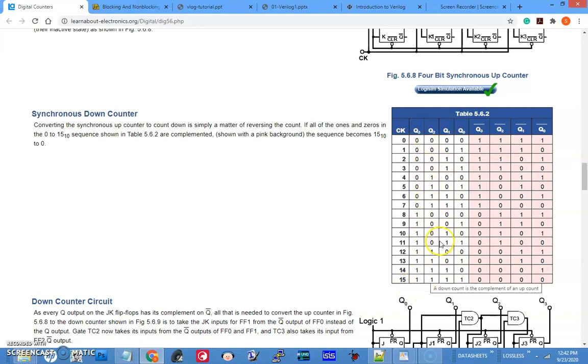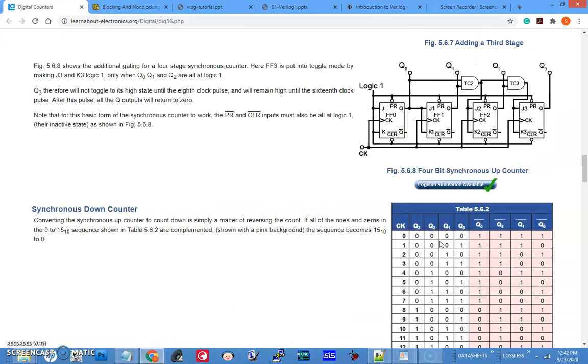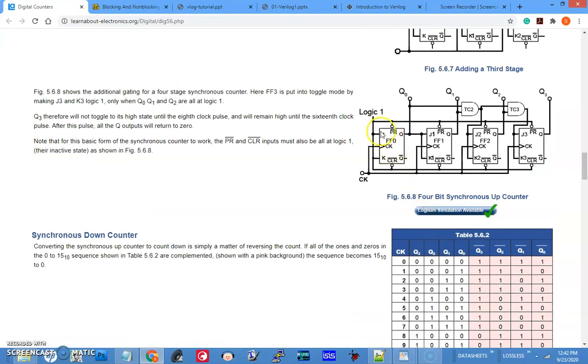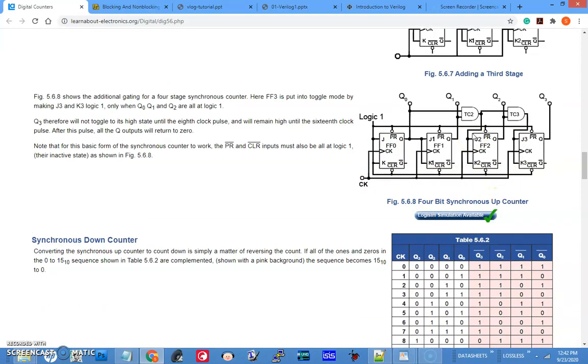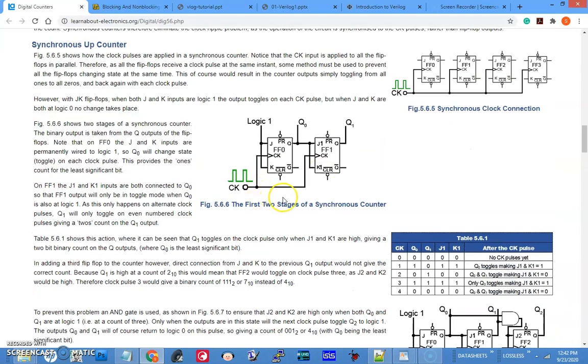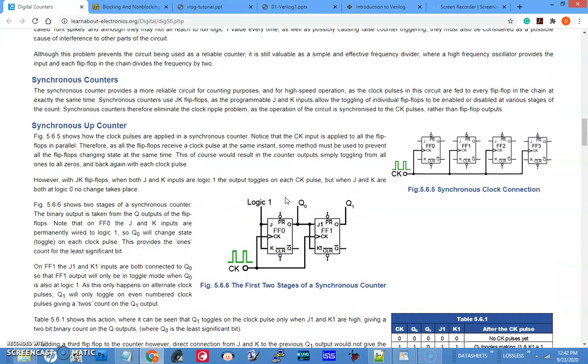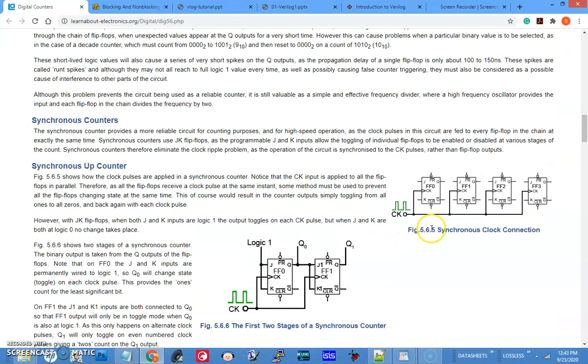This can be realized using flip-flops connected in this way. JK flip-flops, with the clock signal given to everybody, and you can build the counter like this by cascading JK flip-flops. This is known as a synchronous counter since the clock signal is connected to every flip-flop.